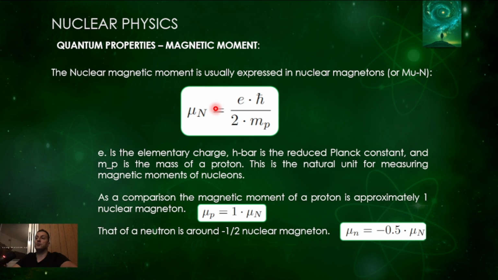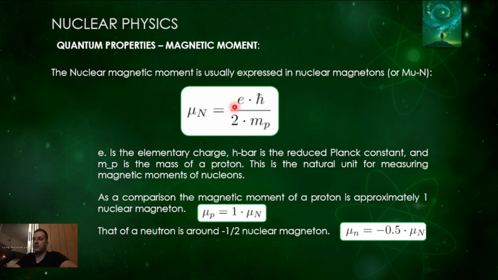It is equal to e, the elementary charge, times h bar, the reduced Planck constant, divided by 2 times the mass of a proton. This is what we define as the nuclear magneton.